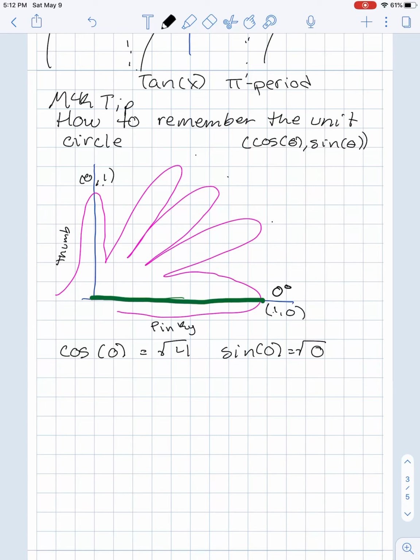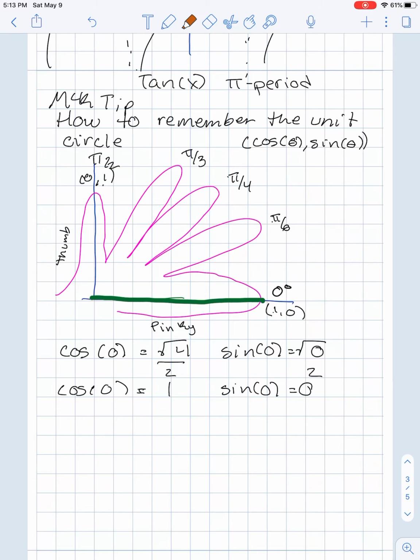I then take that number and take the square root of it and divide it by 2. So the square root of 4 is 2, divided by 2 gives me 1. Square root of 0 is 0, 0 divided by 2 is 0. So this works for pi over 6, pi over 4, pi over 3, and pi over 2.